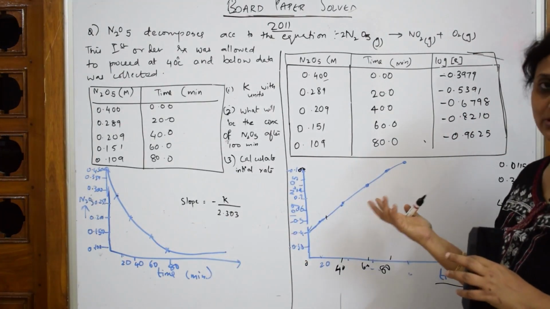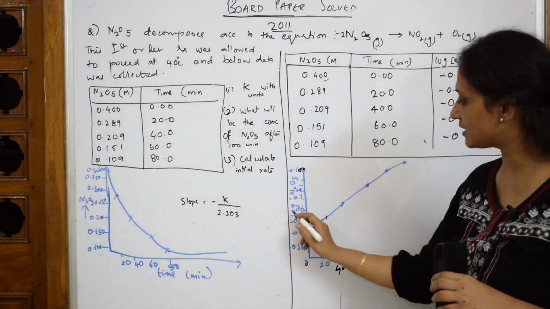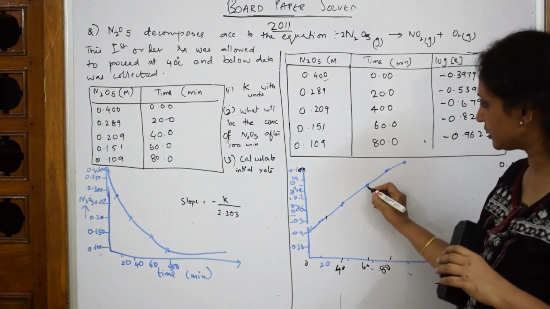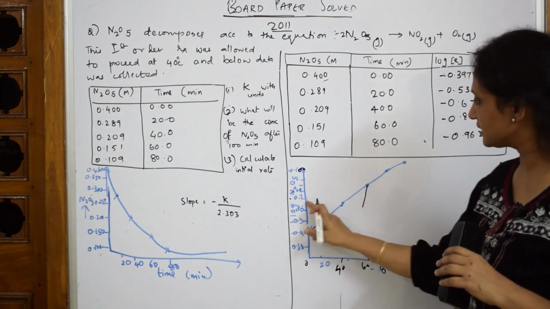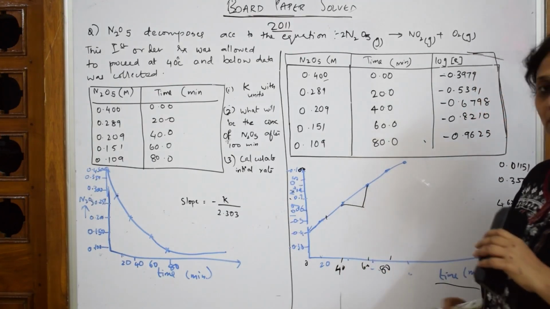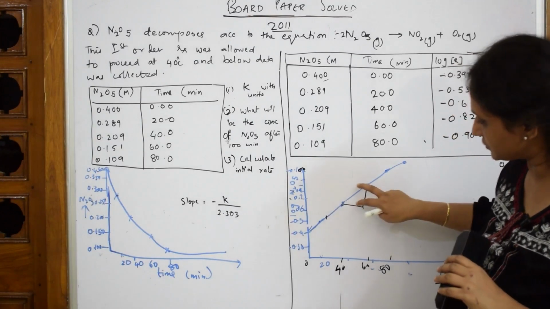Join any 2 points, not a problem. Suppose I'm picking up this, these are all minus values, isn't it? So join these 2 points. Suppose I'm taking this 0.7 and this 0.6.